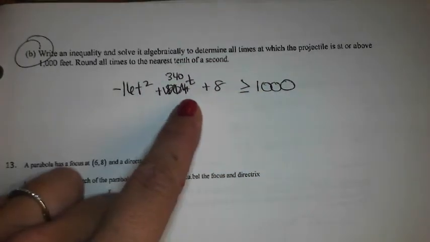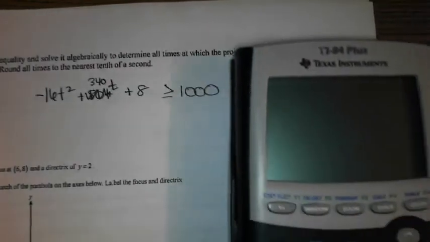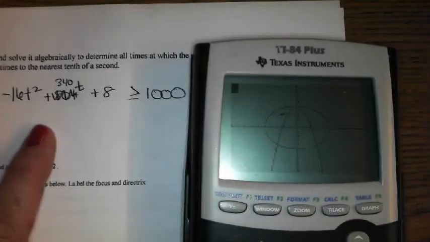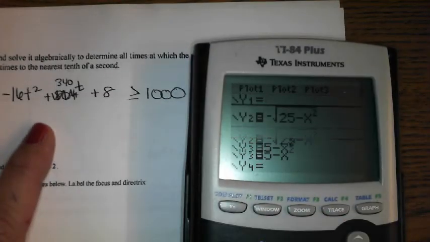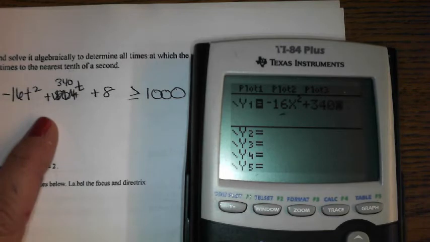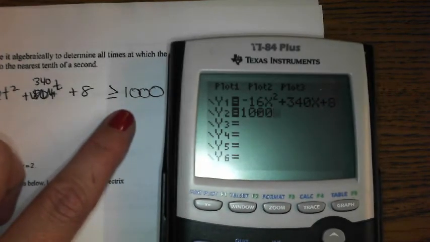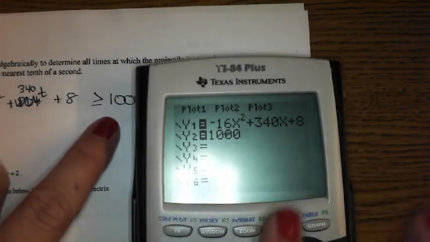Okay. We don't know how to solve inequalities except via our calculator. So I'm going to type in negative 16t squared plus 340x plus 8 as one equation and 1,000 as the other. You guys can just watch because you don't have time. Let me just fly through this.